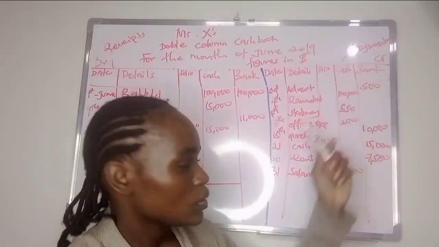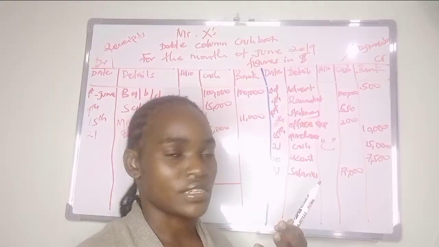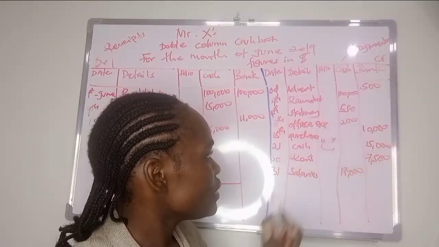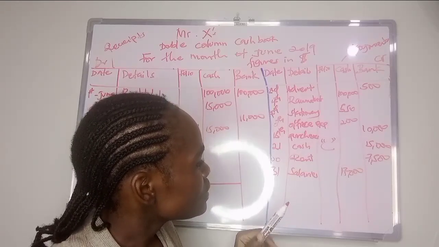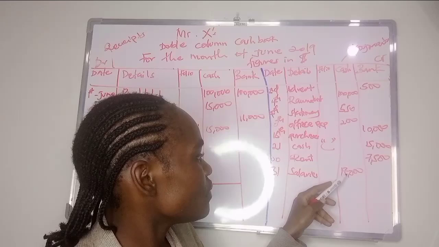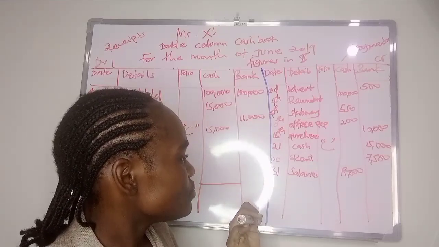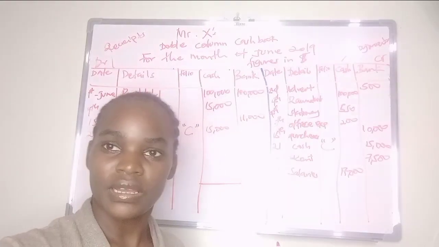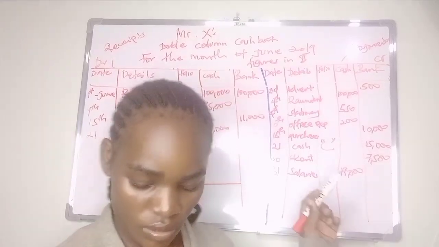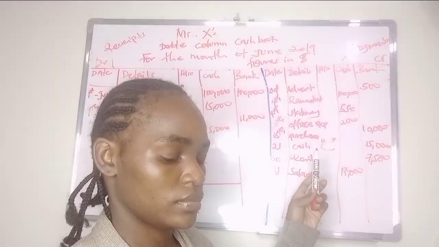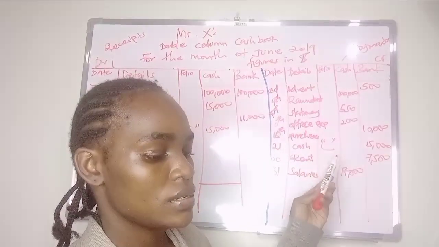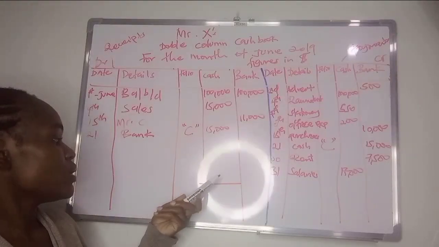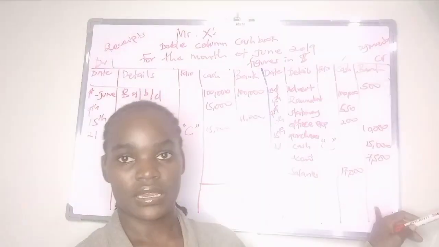Then this side, you first find out which side is greater. 100 plus 550 plus 200, that is 100, 750, then plus 17,000. Let me bring my calculator. So the total for this side is 117,750. So this side it is 130, meaning this side is greater than this side.